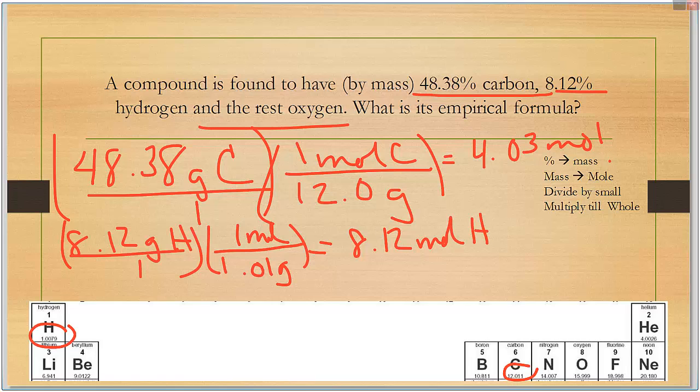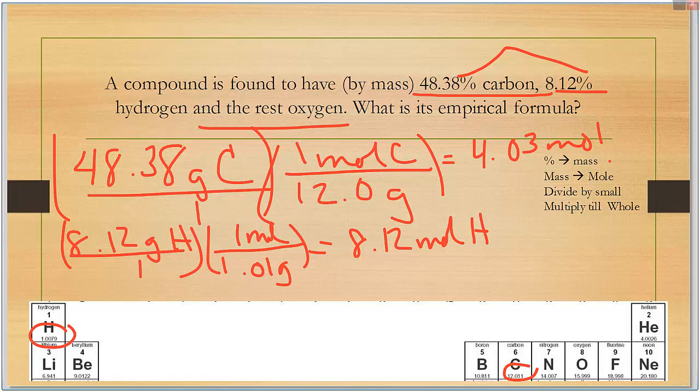So we have to figure out how much oxygen is here. Remember, this is out of 100 because it's a percentage. So we can add 48.38 plus 8.12 and subtract that from 100.